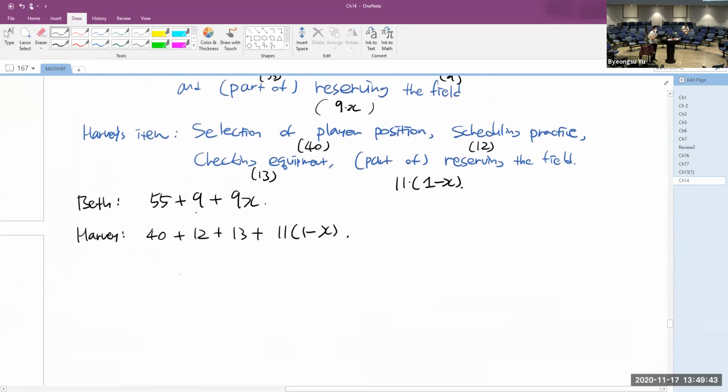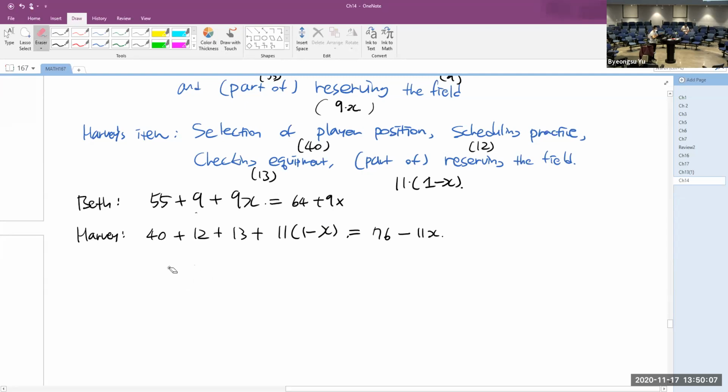Great. Then what you can see is 64 plus 9x is Bass's point. And if you add all the numbers, then what you can get is 65 plus 11, so 76 minus 11x is Harvey's point.